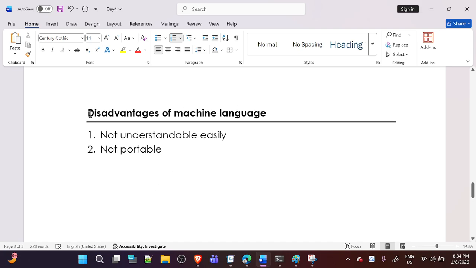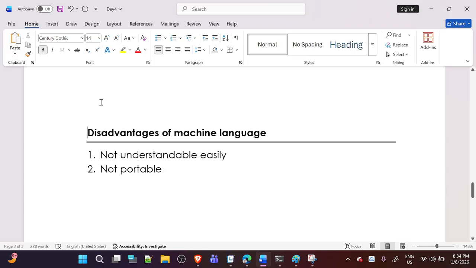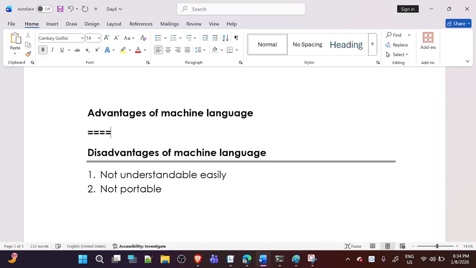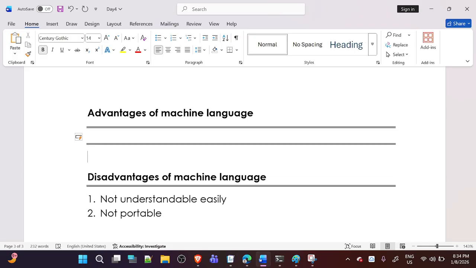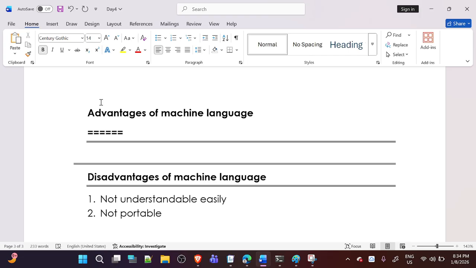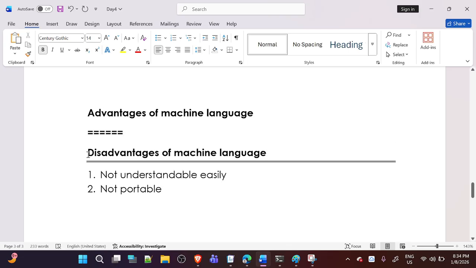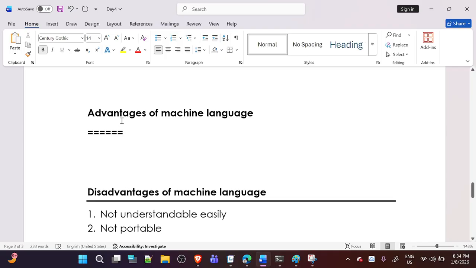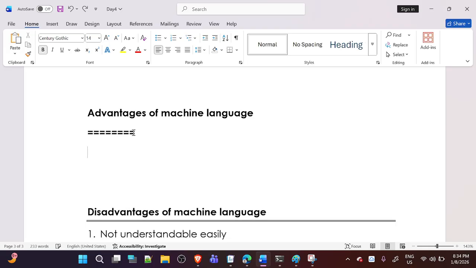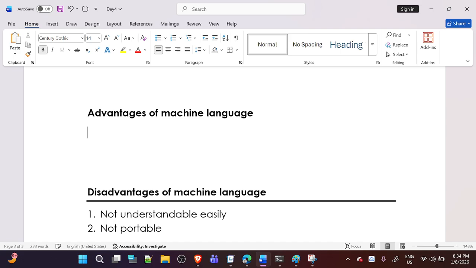And what are the advantages of machine language? Can you guys tell me? Anyone?